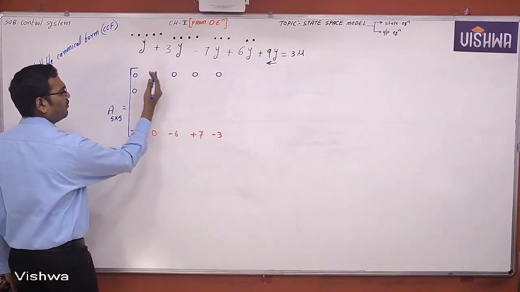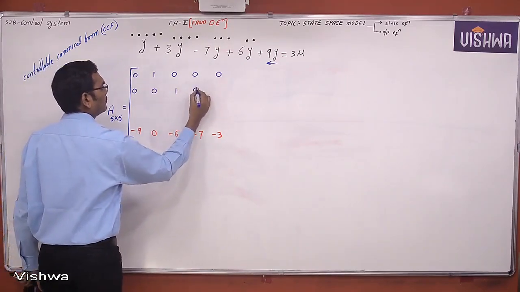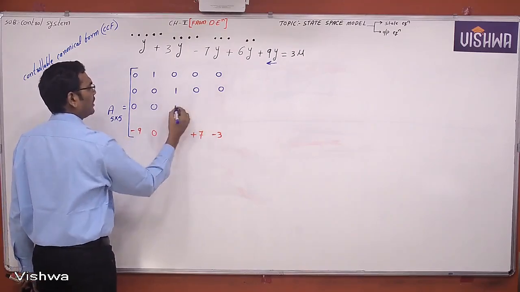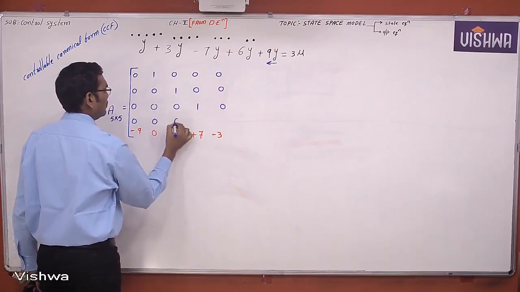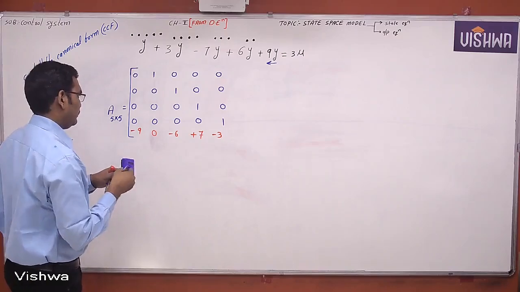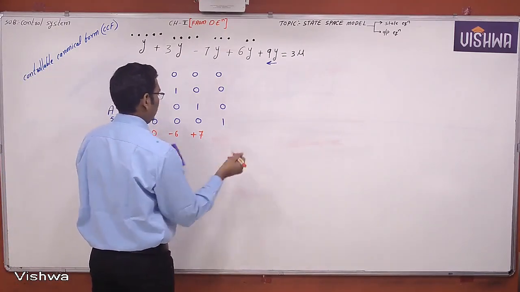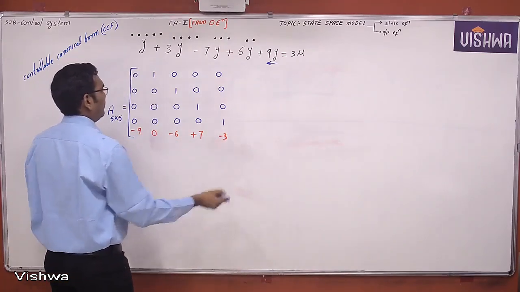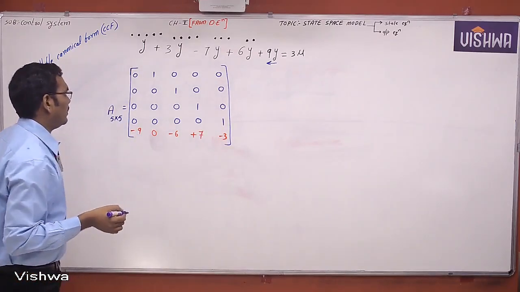Shift the binary 1 position to the right side. Shift the 1 position to the right side. Shift the 1 position to the right side. That's it. Now this is 5 by 5 matrix.